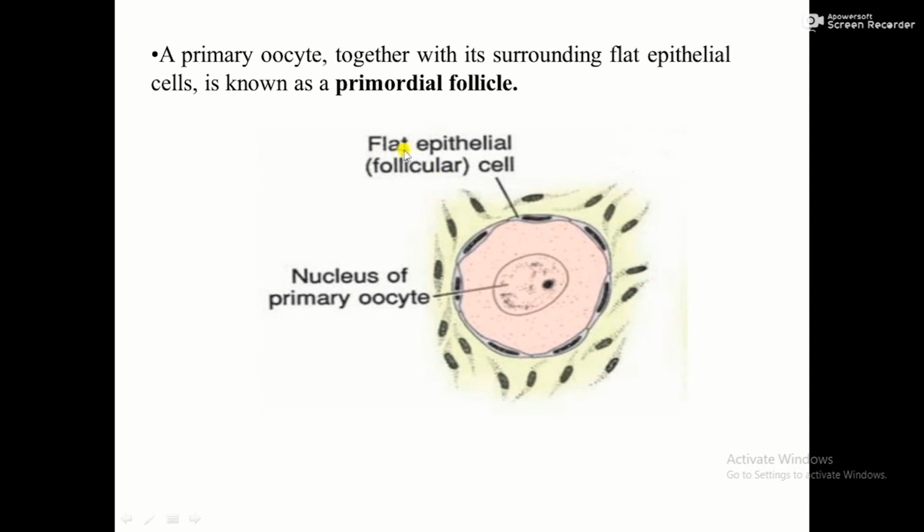So some flat epithelial cells will surround it, and we call these cells follicular cells, and the structure itself is sometimes called a follicle. So you need to know the primordial follicle is the primary oocyte surrounded by flat epithelial cells.